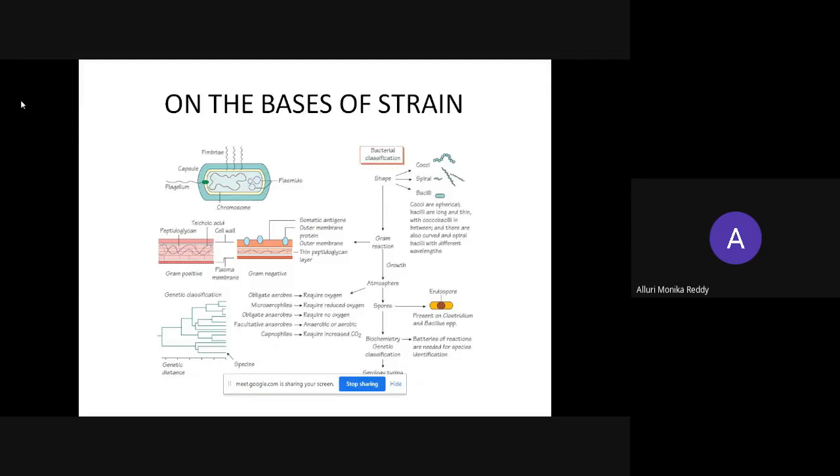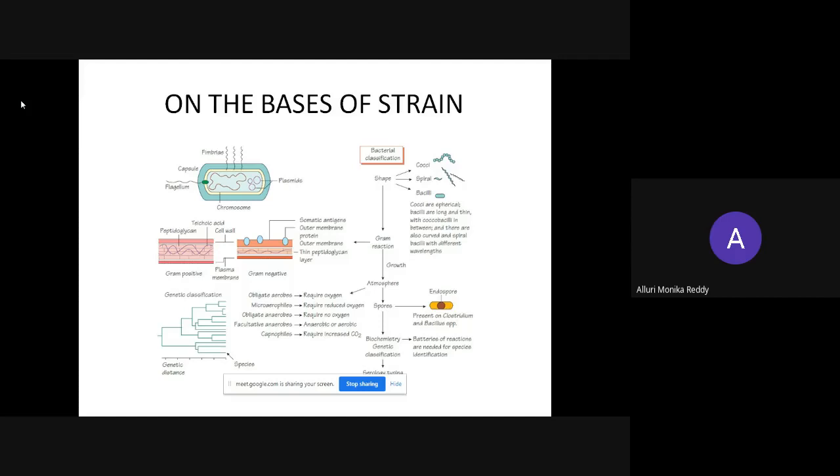Gram negative bacteria have a high lipid content in the cell walls, so when we wash with alcohol after the counterstain step, the alcohol allows leakage of the crystal violet iodine complex.